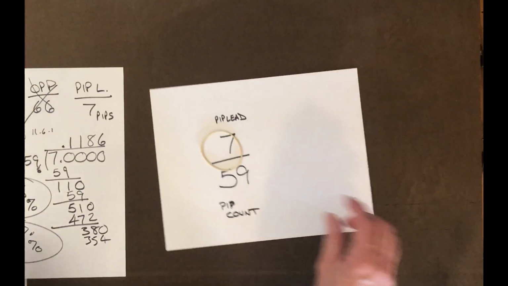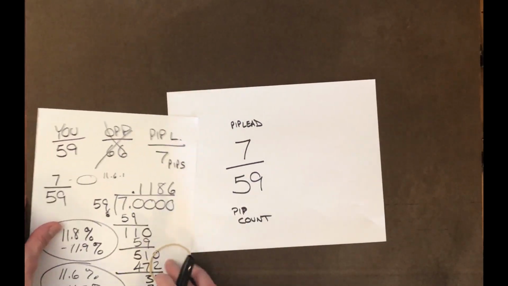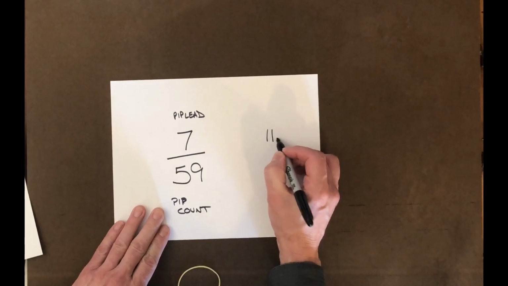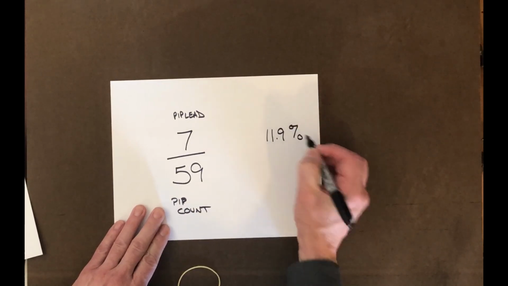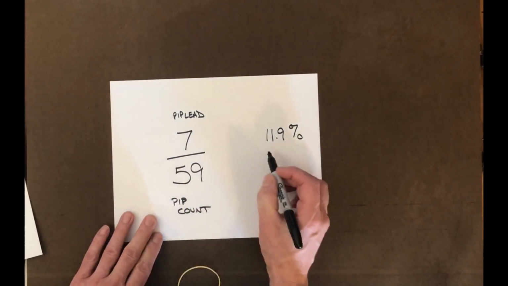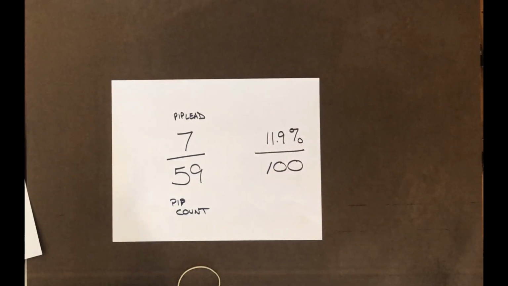And what this is, it's a fraction, 7 over 59. Now, our answer on this was 11.9. That's our answer when we do the math. This is the same number.